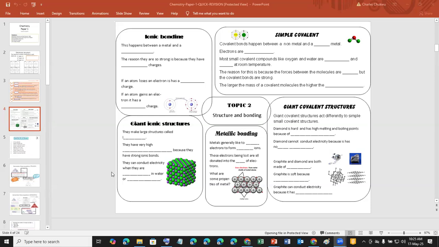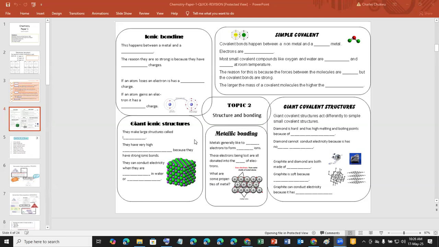And they can conduct electricity when they are dissolved in water, or in a solvent that's suitable for them. Maybe not all of them are totally soluble in water.